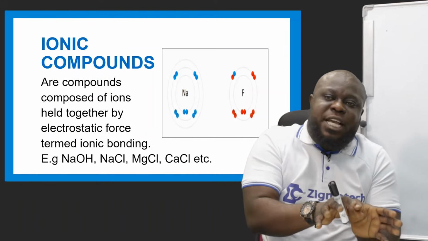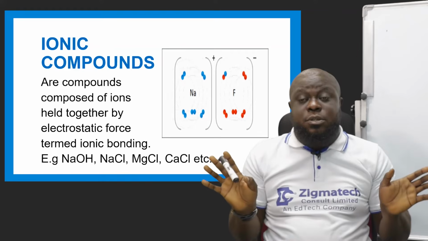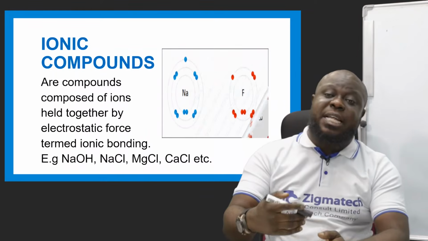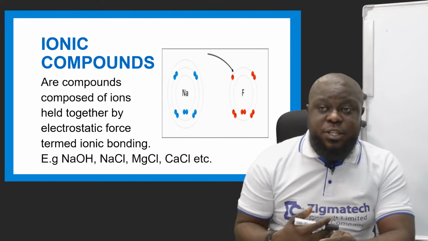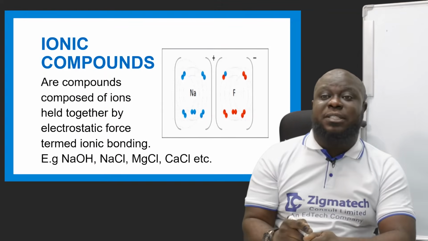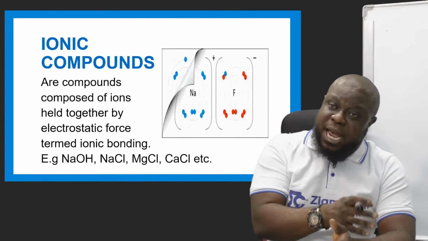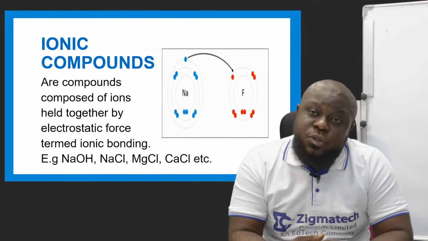Or it is a force that exists between electrically charged particles. Anyone you want to take is your own. Either you say it's a force that exists between ionic compounds or between ions, or you say it's a force that exists between electrically charged bodies, or between a positively charged and a negatively charged body. Anyone you want to use, you're correct.